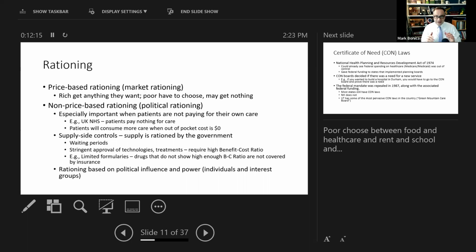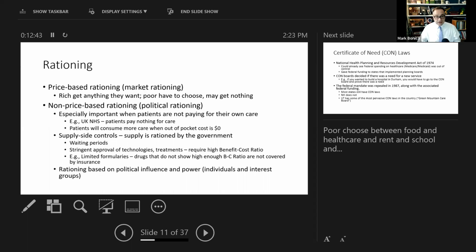So if you are an admiral or a general or a senior political official, you get sent to the executive medicine floor and you get special treatment and special attention, and probably easier access to non-formulary things and all kinds of stuff. So the risk of moving away from price-based to political rationing is the powerful.